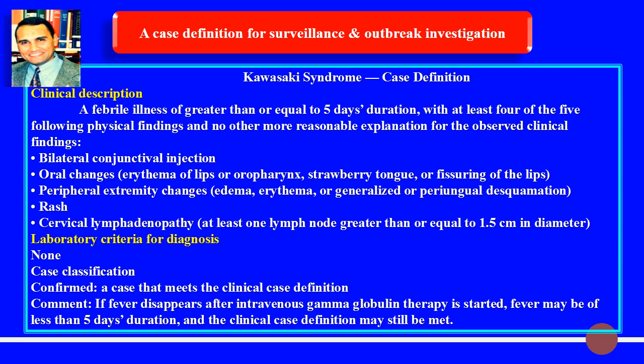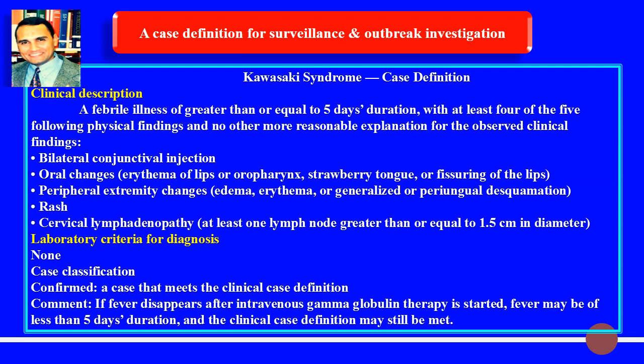Clinical description: a case of children with febrile illness of greater than or equal to 5 days duration, with at least 4 of the 5 following physical findings: bilateral conjunctival infection, oral changes such as erythema of lips or oropharynx, strawberry tongue or fissuring of the lips, peripheral extremity changes such as edema, erythema or generalized rash, and cervical lymphadenopathy, at least one lymph node greater than or equal to 1.5 cm in diameter.